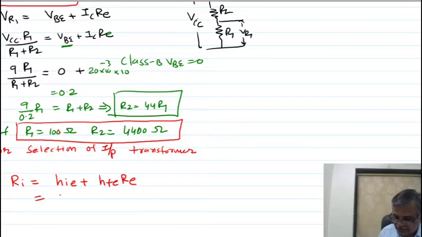So this is 0.1 kilo ohm. This is your 100, this is your 10, so 110 ohm, so it is 1.1 kilo ohm.